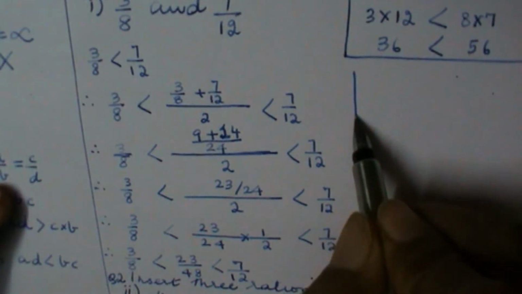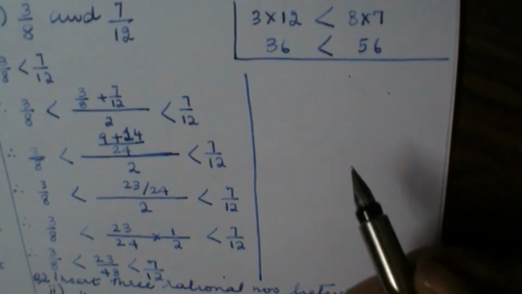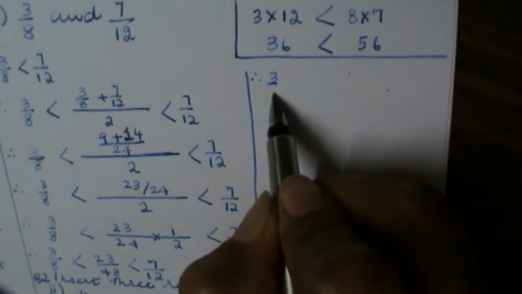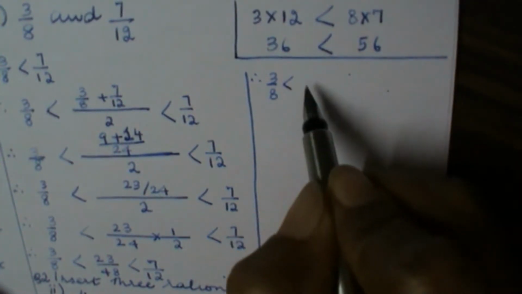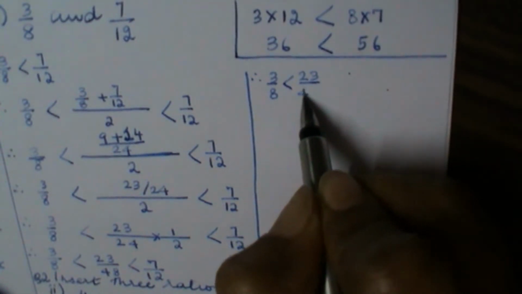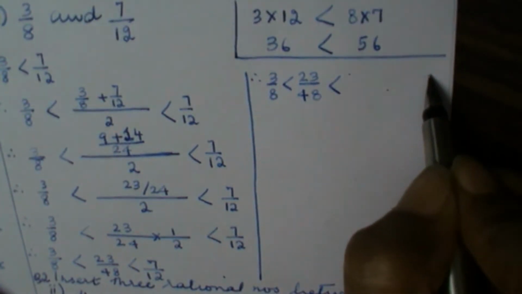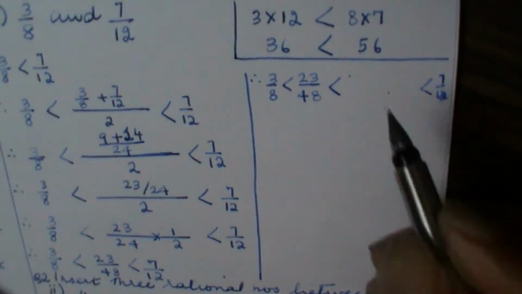Now I shall continue this side, and I will say therefore now 3 upon 8 is less than 23 upon 48 and less than, I will keep the space and put 7 upon 12 here.